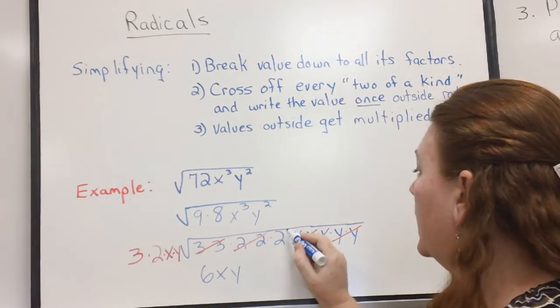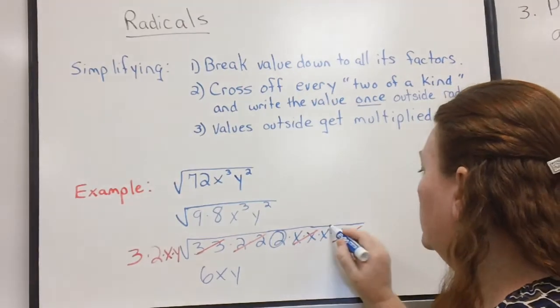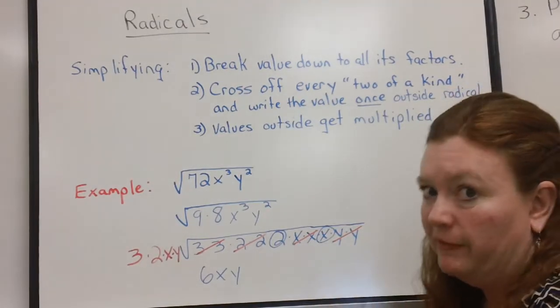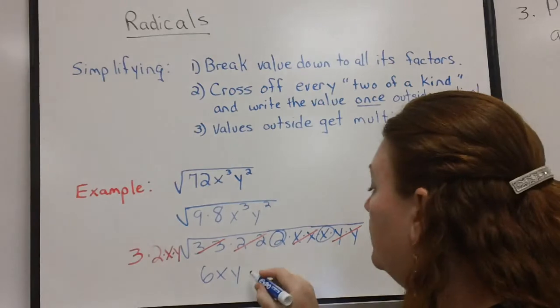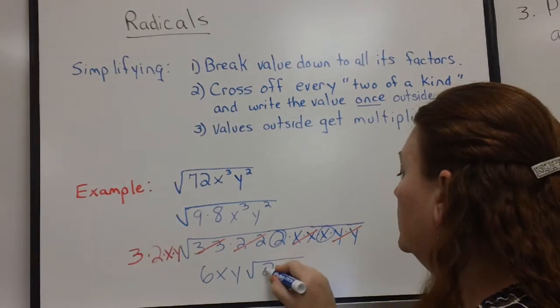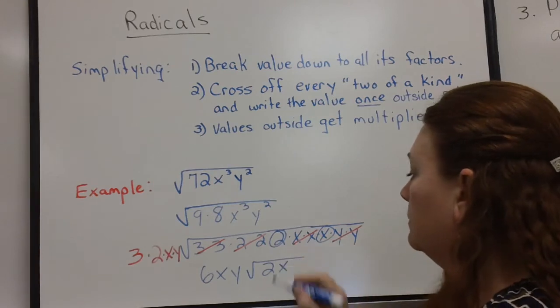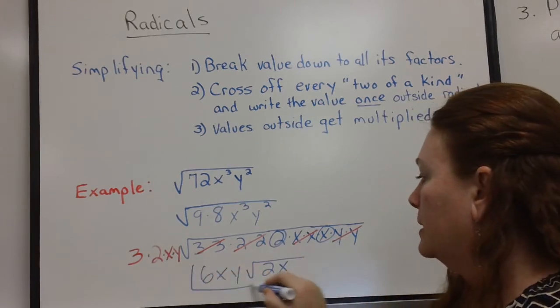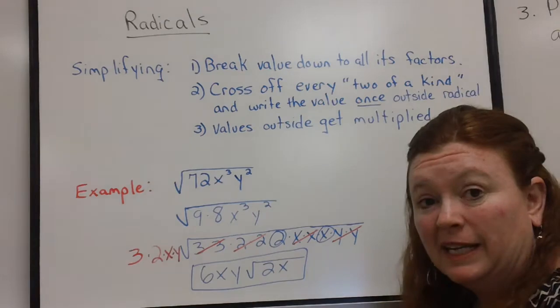Now, I still have a 2 and an x left over. Be very careful not to miss anything that you still have. They are under the radical, so they stay there. And they also get multiplied, 2 times x. And that is my final answer.